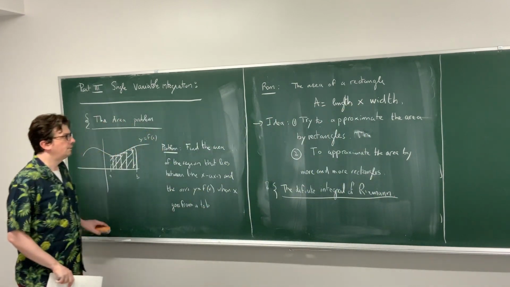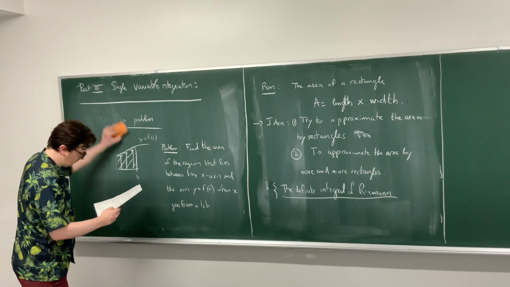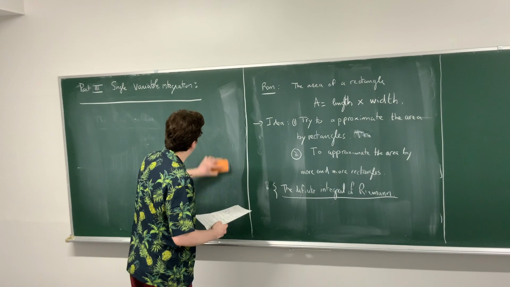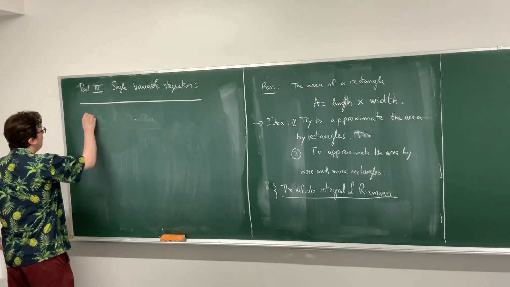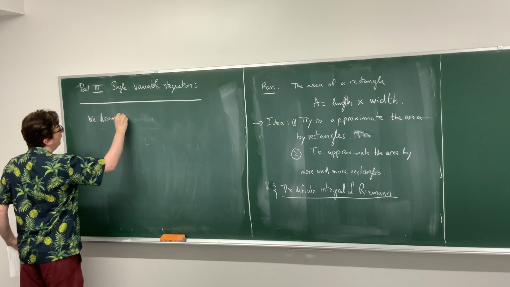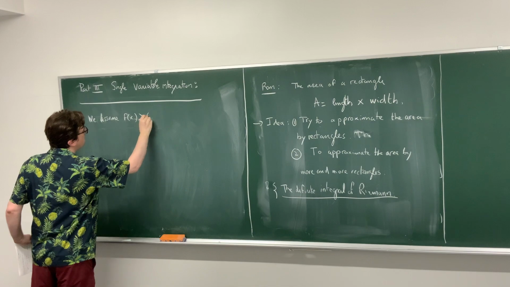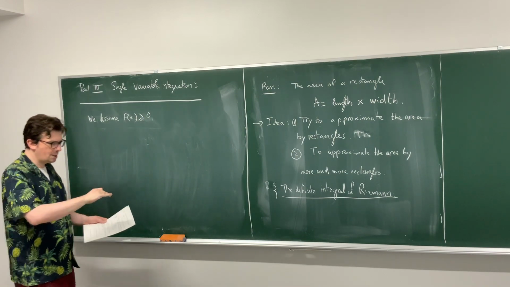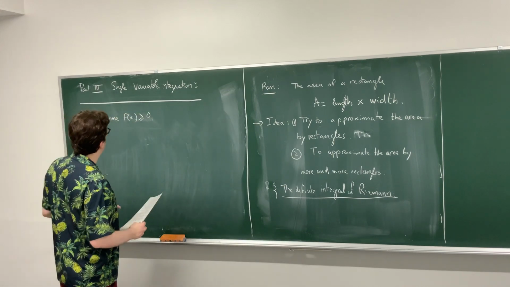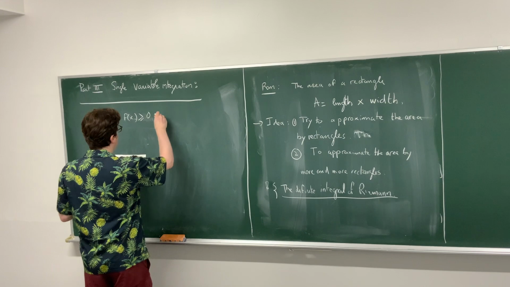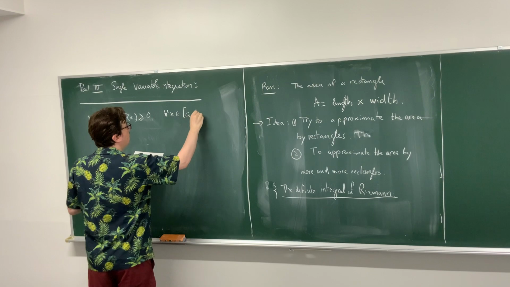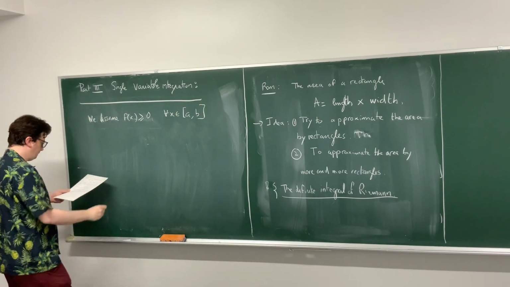By combining the two ideas. Okay, so here we are going to assume that f of x is positive, like in my drawing. I was calculating the area between the x-axis and the curve that was above. And so let's put ourselves in this condition, and we will compute this area for x between A and B.